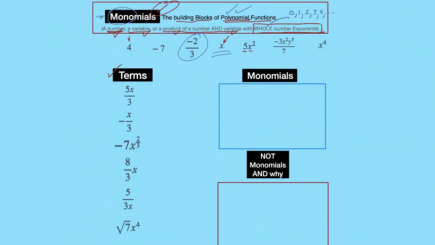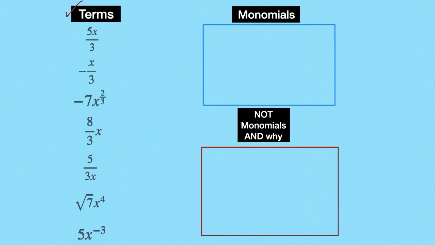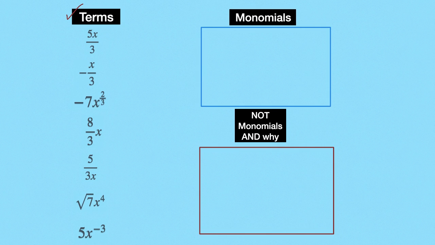So on the left-hand side of this slide, I have a bunch of terms listed. And I'm going to go through each one and explain whether the term is a monomial. Does it qualify? Basically, are the exponents whole numbers? Because if they are, then we have ourselves a monomial.